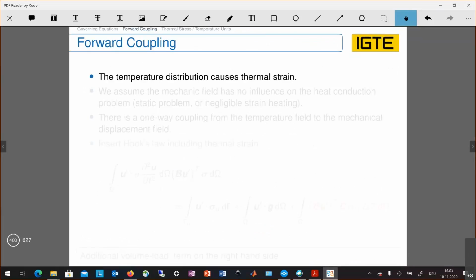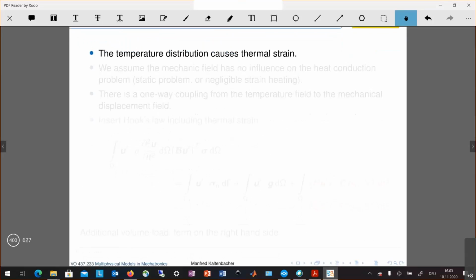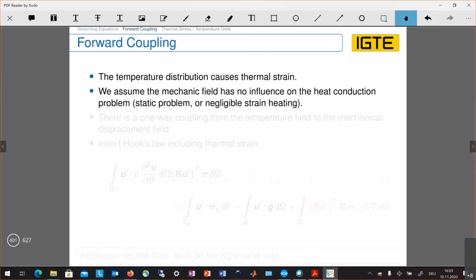Okay, so the temperature distribution clearly causes the thermal strain. According to the thermal strain, we will then have thermal stresses and the deformation of our body. If, for example, our mechanical body in this sense has more or less no influence on the temperature distribution.